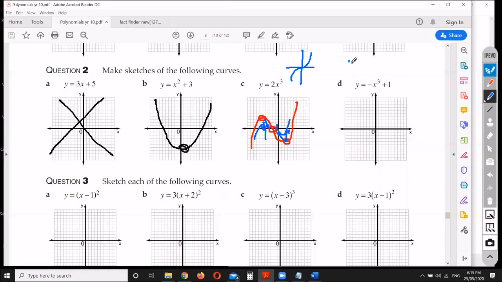Anything that is a polynomial to the power of 4, has a highest degree of 4, will actually do this. 1, 2, 3. So the number of turning points will be 1 less than the power.